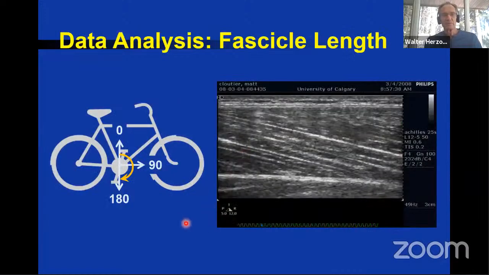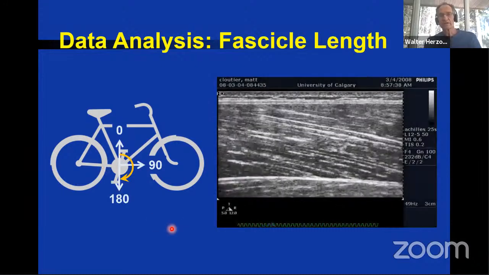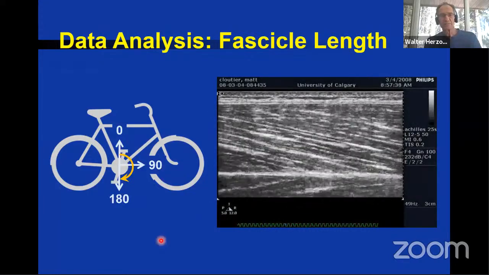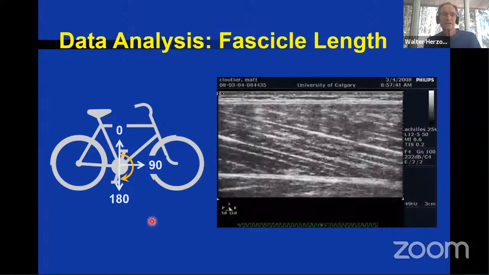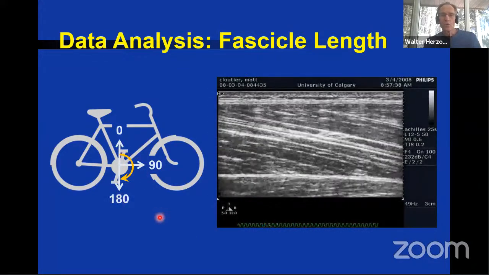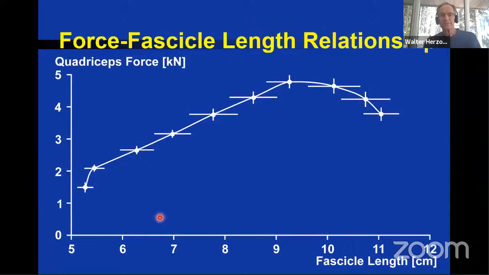And then we put these same people on a bicycle ergometer, and they adjusted the seat height until they were comfortable. And then they were cycling, and when they were cycling, we measured the fascicle length of the vastus lateralis with the same setup as we had before. And we were particularly interested in this power phase of cycling, what the fascicle length would be.